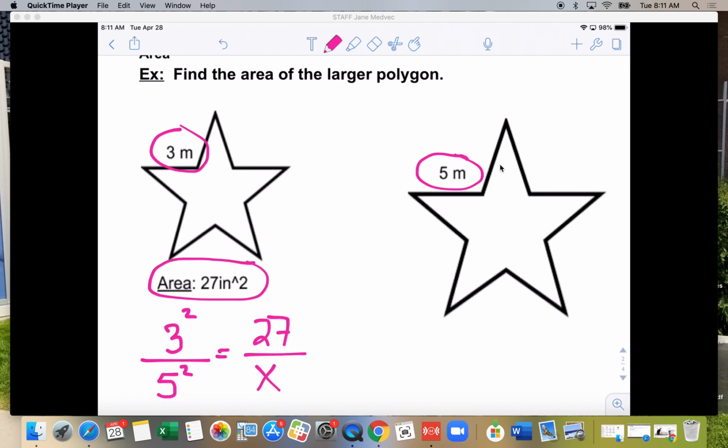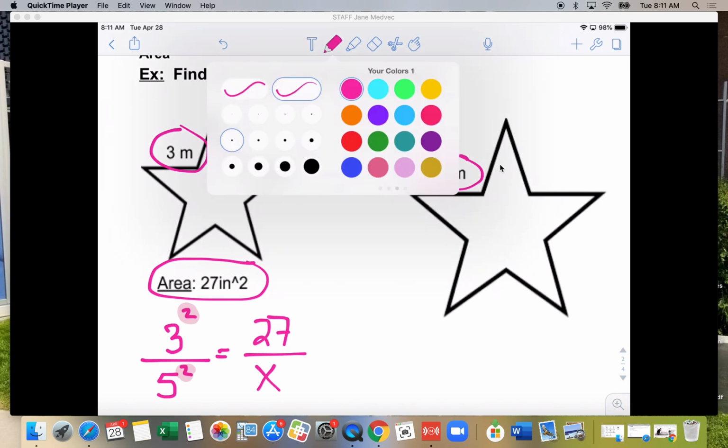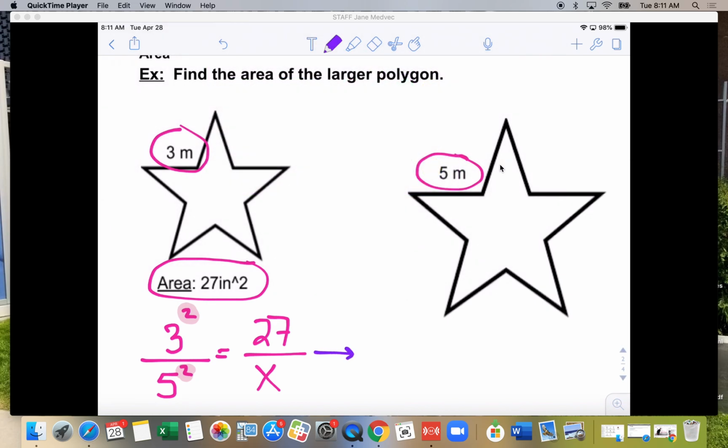So when, again, you are comparing the side length to the area of the figure, you need to make sure that this is squared and this is squared. You square the sides. Once you do that, we're going to go further and work with these proportions a little bit better. So 3 squared is 9, 5 squared is 25, and it's 27 over x.